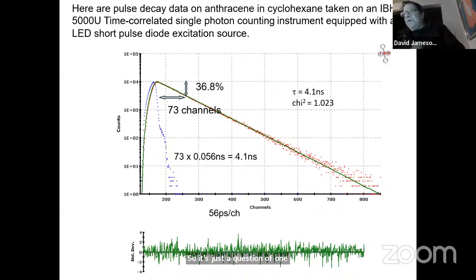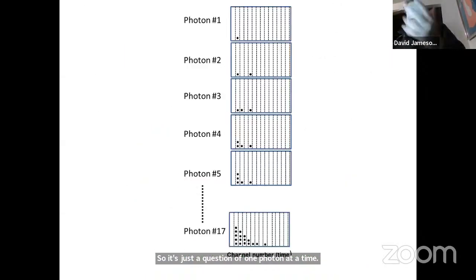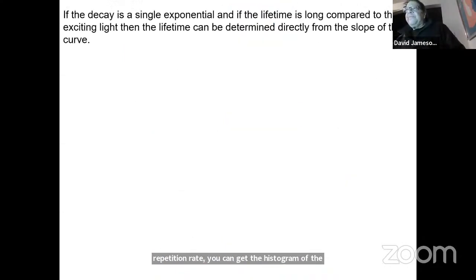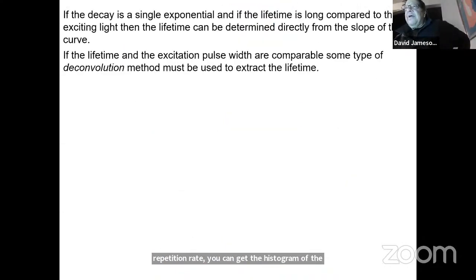And then, of course, if you're able to go at a very high repetition rate, you can get the histogram of the decay. Then you can basically get the lifetime from the slope of the curve, and you can fit it to different models, one or two exponential, etc.